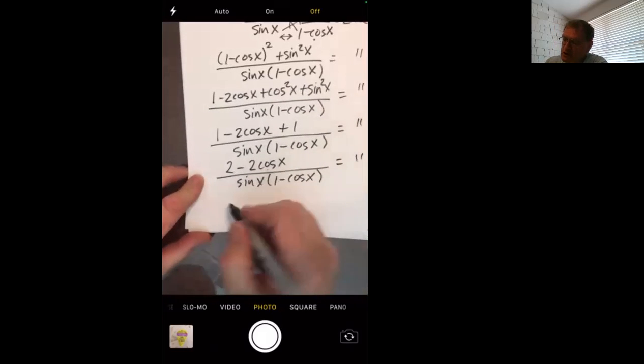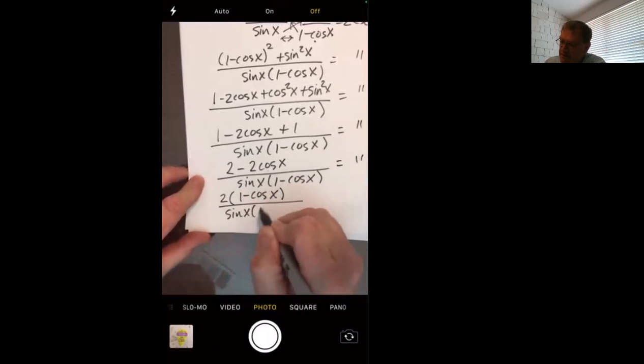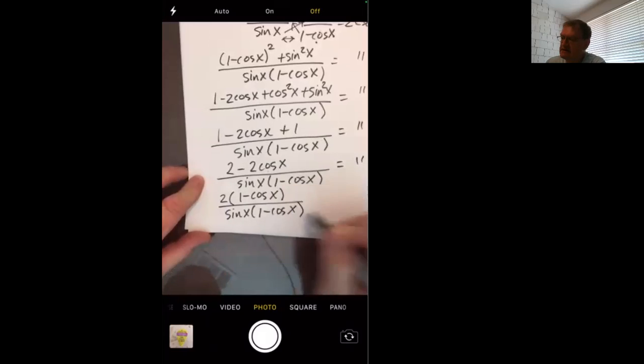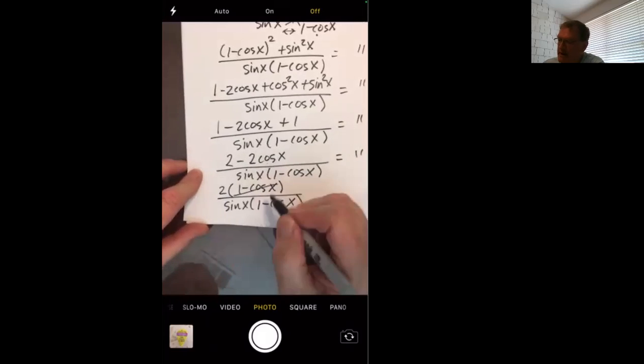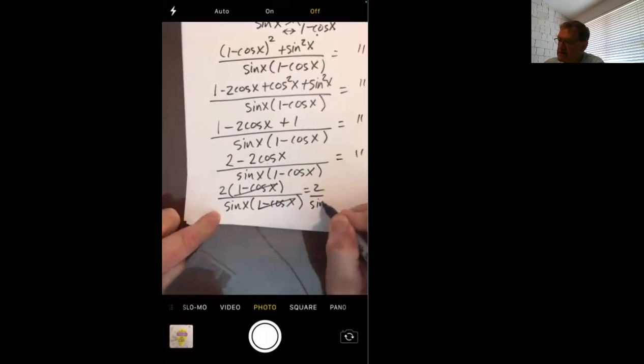Let's factor out your 2 over sine x, 1 minus cosine of x. And now I've got my common factor to cancel, and a 2 over sine x is equal to twice the cosecant of x.